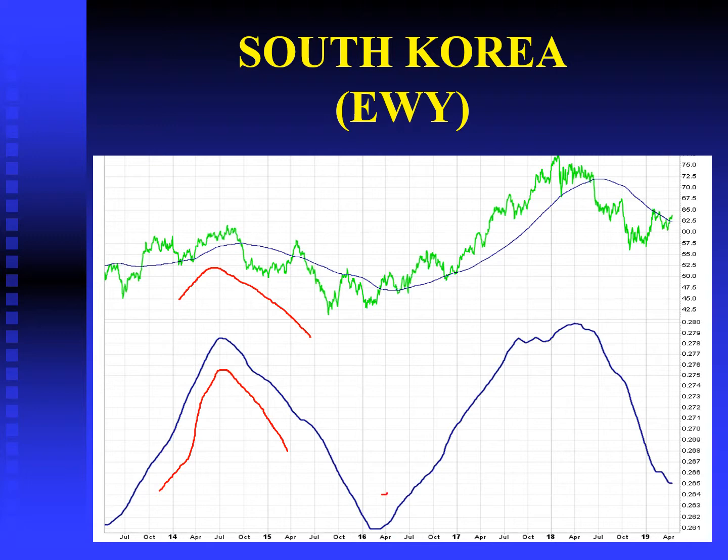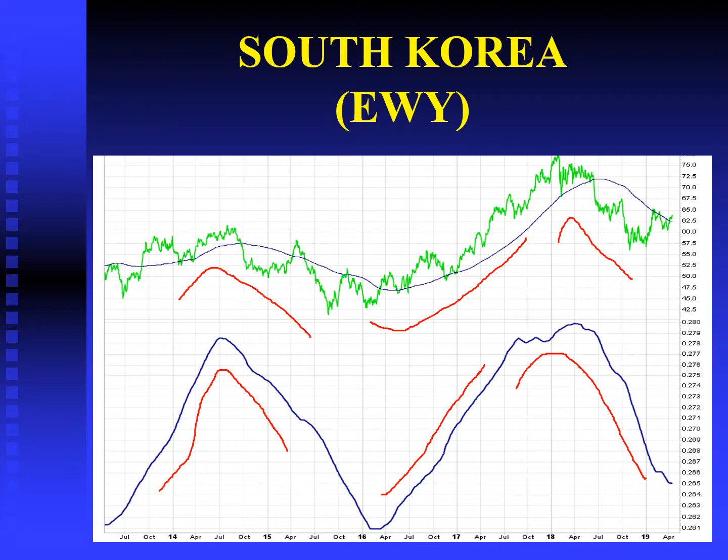Then here the economy picked up again, and sure enough, the Korean market strengthened. Here there's been a rollover in the business cycle with slower growth, and it was matched by a decline in the US equity market. So there is a relationship between the US business cycle and the South Korean market.